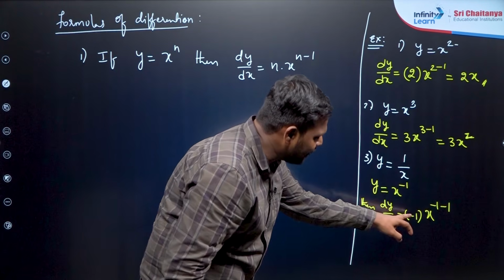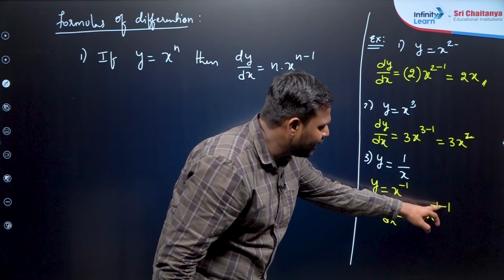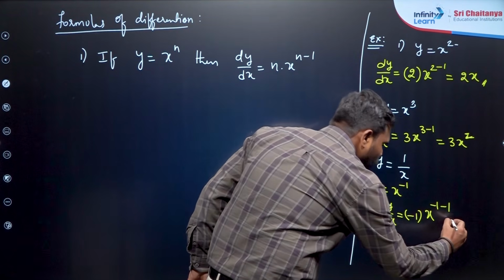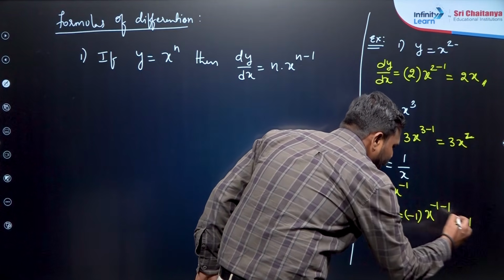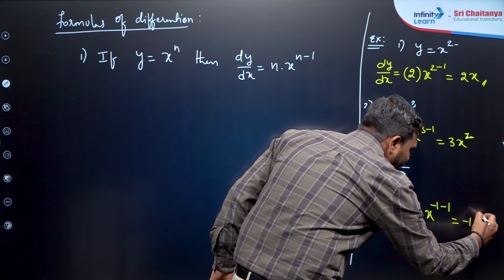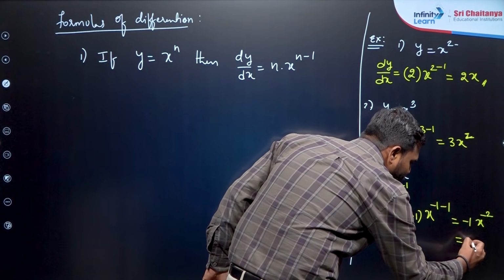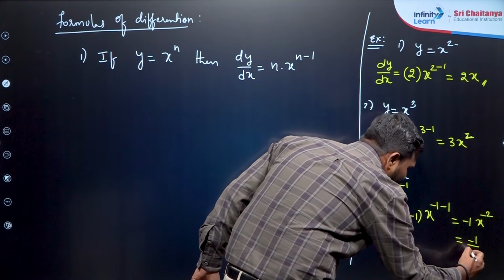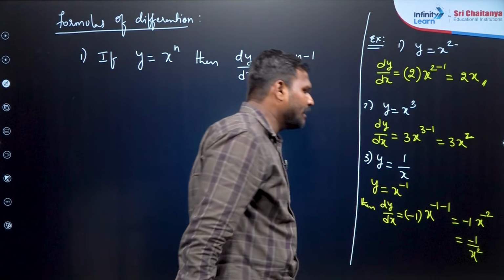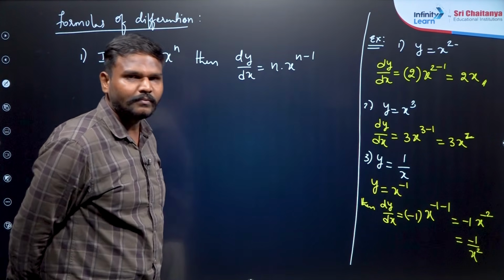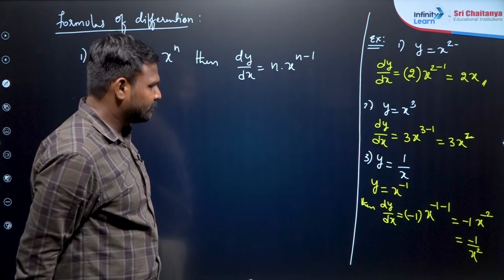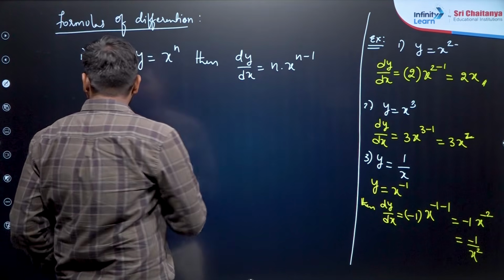So it is n into x power n minus 1, which is minus 1 into x power minus 2. And if the power is negative in the numerator, that means in the denominator it is x square. Is that clear?